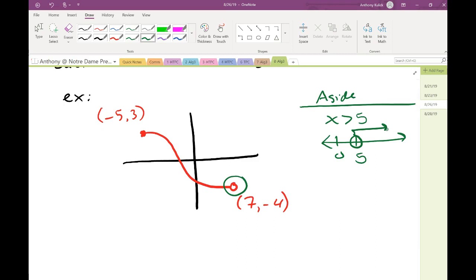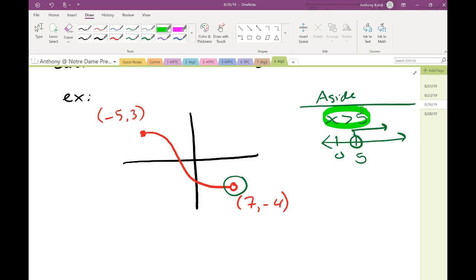What did the open circle represent there? It told us that 5 was not part of this inequality. It didn't satisfy this inequality. 5 wasn't included, that we're starting with the first decimal immediately after 5. Everybody remember that?